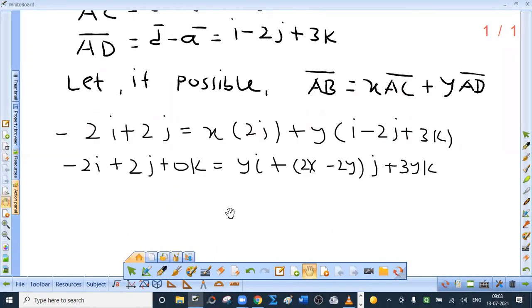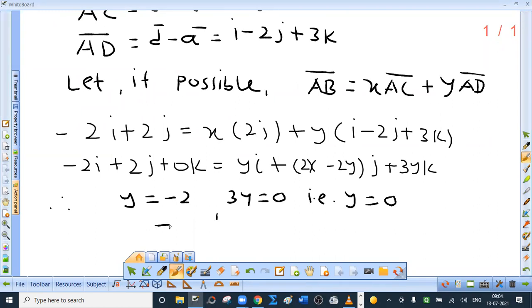Now equate the components, or you can say by equality of vectors. y equal to minus 2 and 3y equal to 0. That is y equal to 0. I'm just equating these two only.